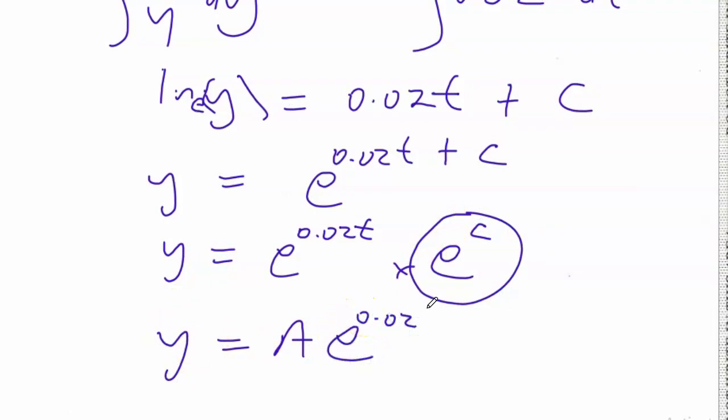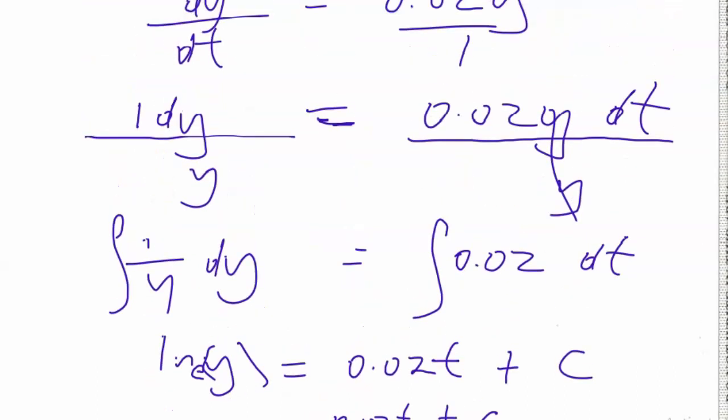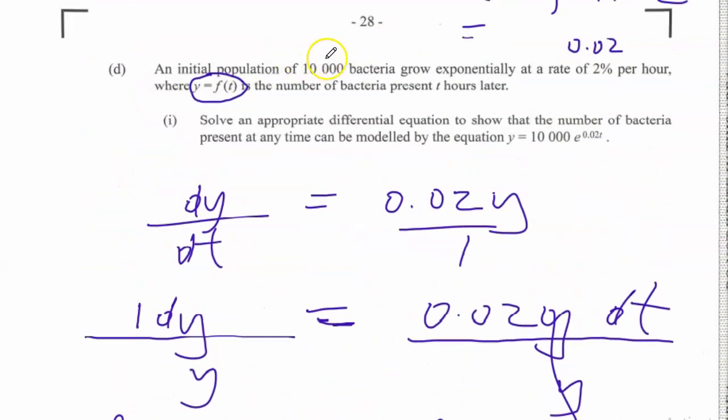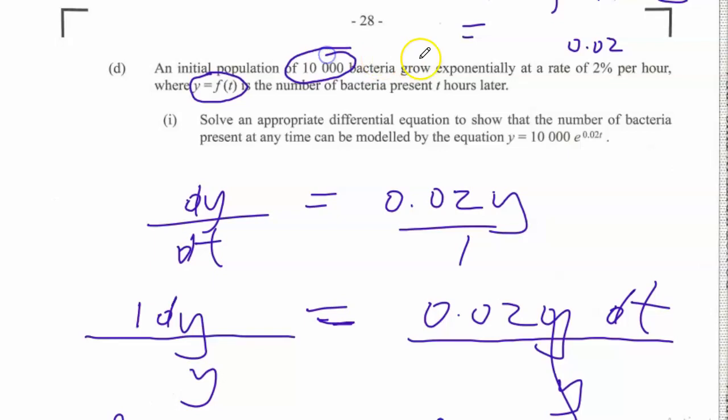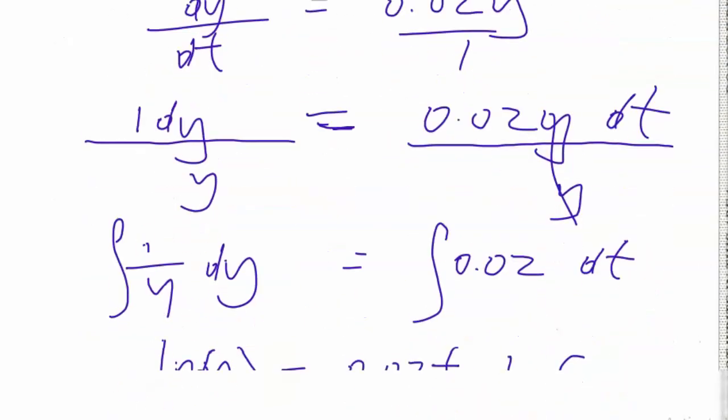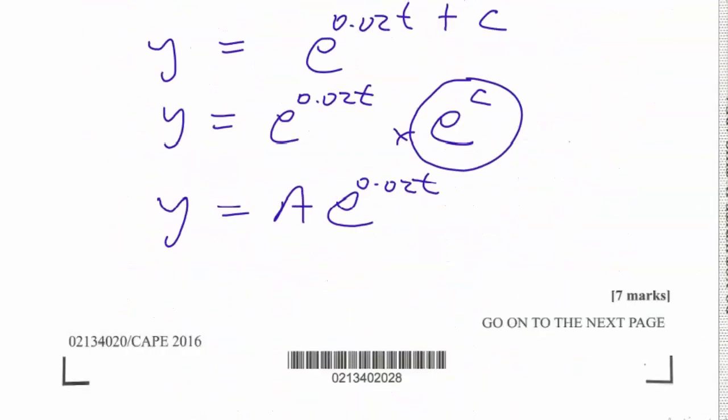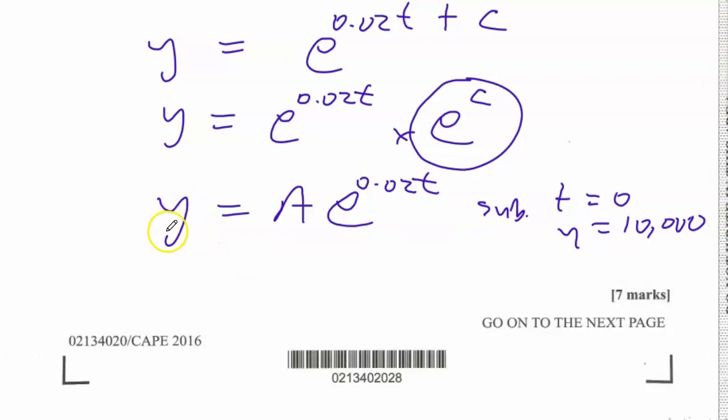And how do we find a? The question tells us that at the beginning the initial population was 10,000. So when t is 0, y should be 10,000. Substitute t equals 0 and y equals 10,000 to find the value of a.